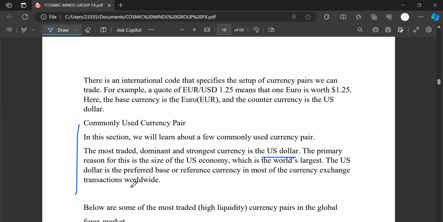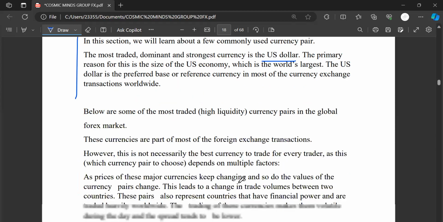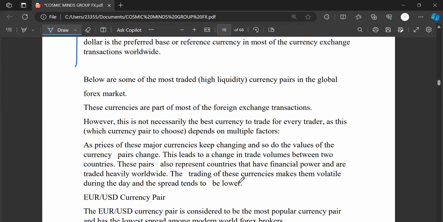Now, the US dollar is the preferred rate or reference currency in most of the currency exchange transactions in the world, right? Below are some of the most traded, high liquidity currency pairs in the global forex market. However, this is not necessarily the best currency to trade for every trader.